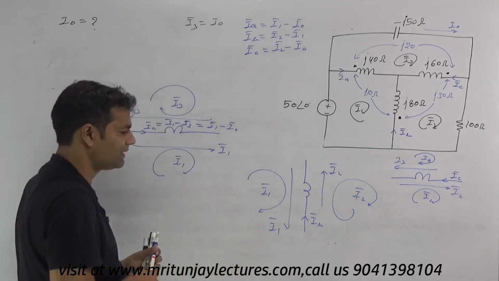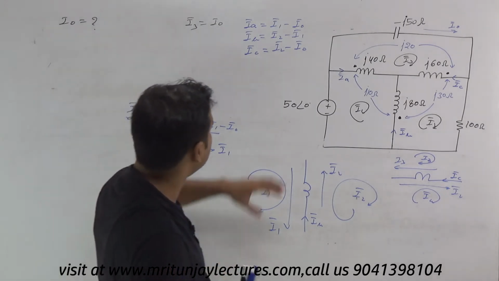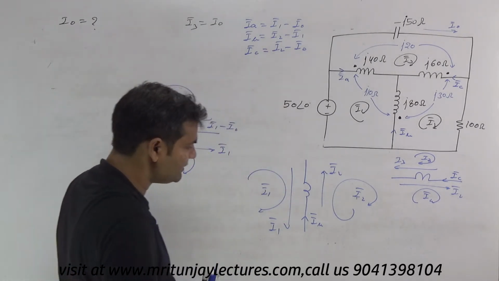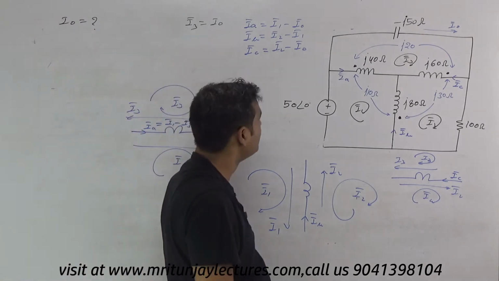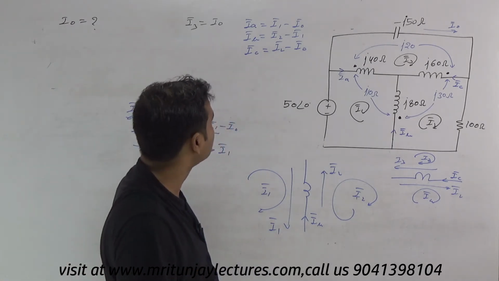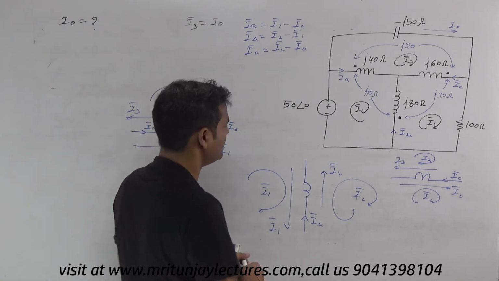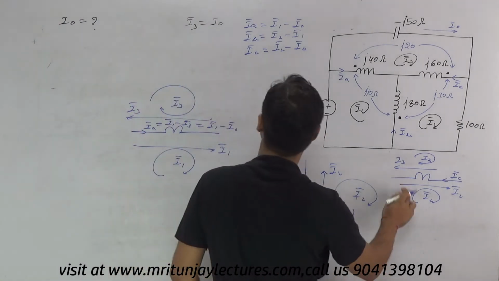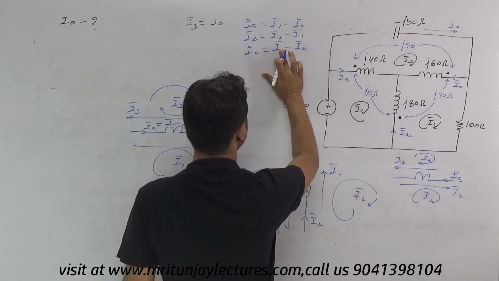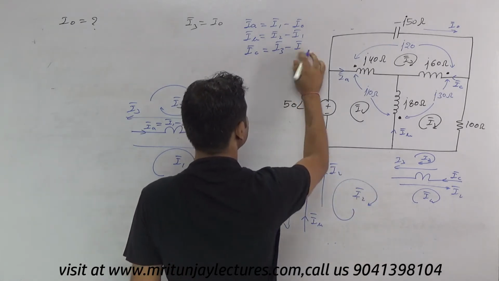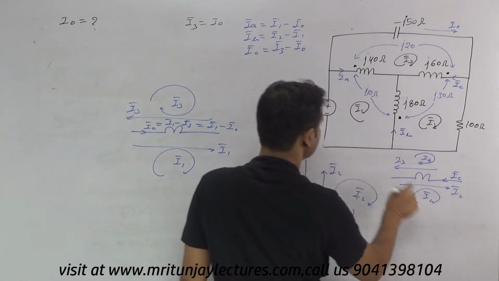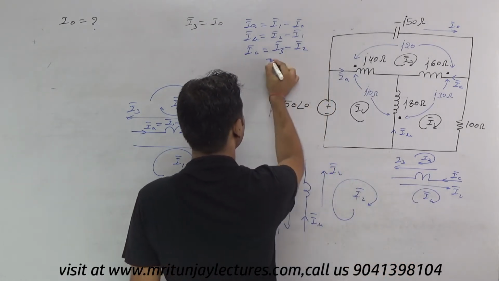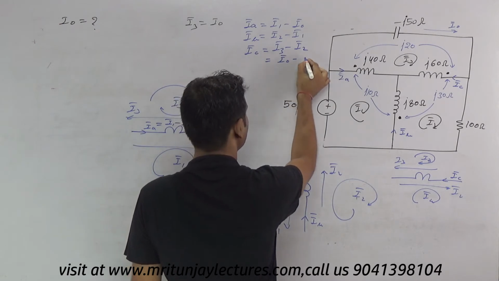IA is I1 minus I naught, IB is equal to I2 minus I1, and IC is equal to I3 minus I2. Sorry, I3 minus I2, and it is also written as I naught minus I2.